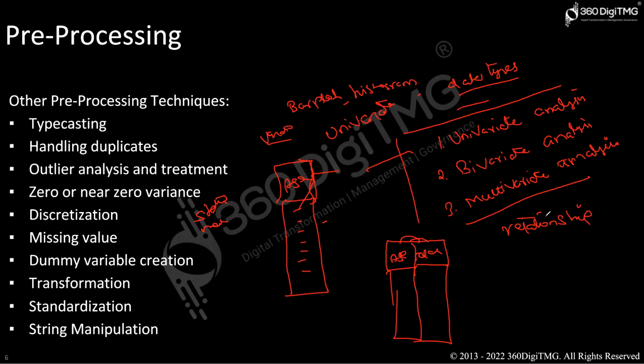So bivariate analysis, we can say, is correlation analysis. Correlation means a relationship. So we try to understand the relationship between the two variables. We call it the R value, or small r. That's called regression, to maintain the relationship.